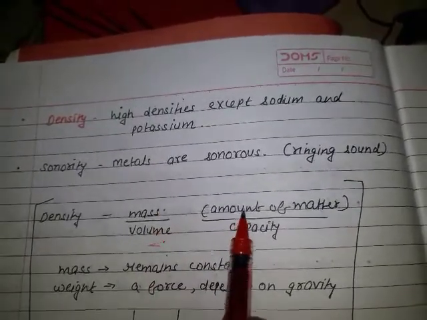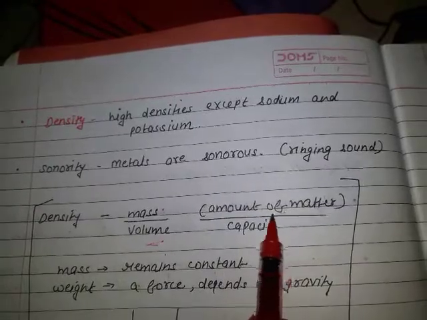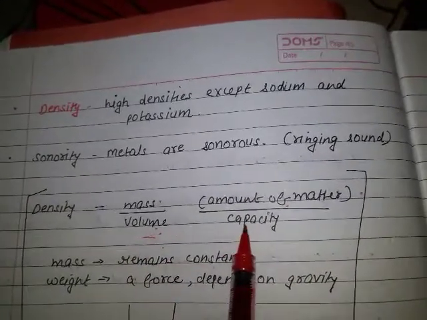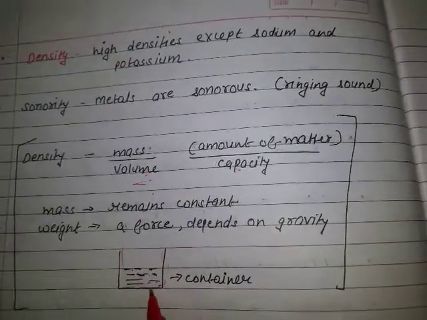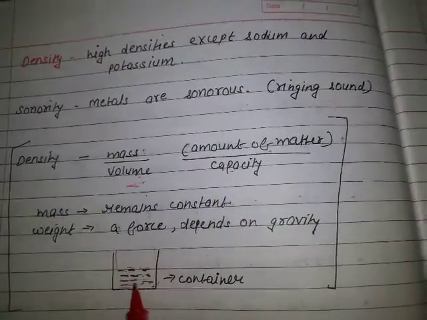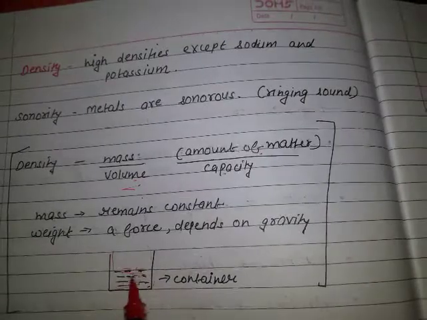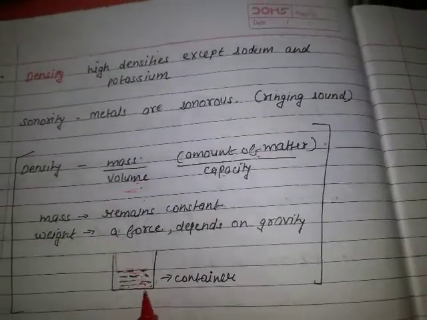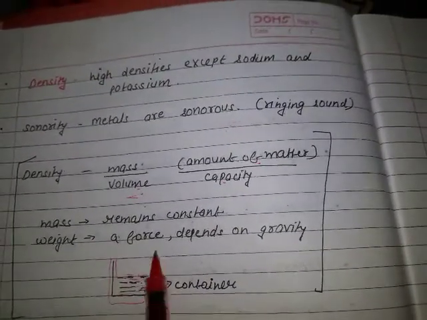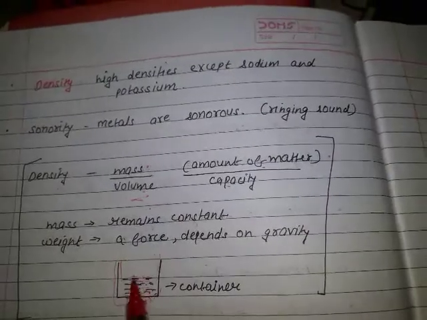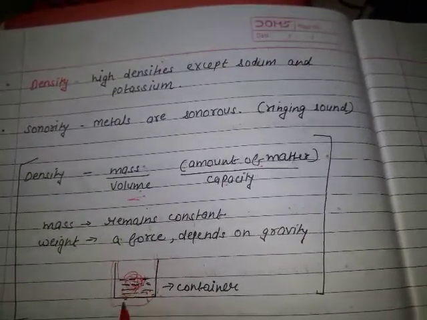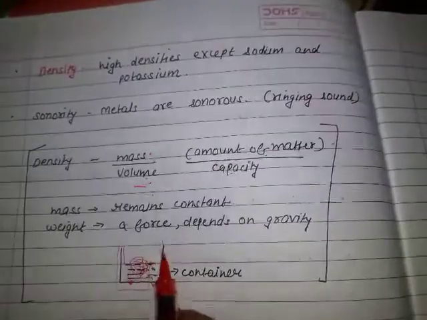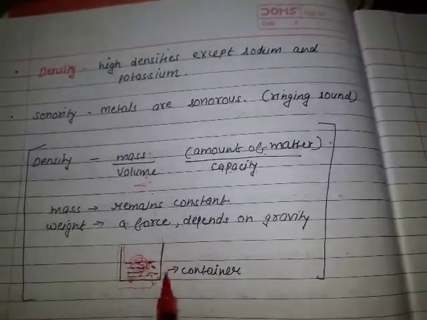Mass is the amount of the matter and volume is the capacity. Suppose this is a container and this is any substance which is present over here. What is the capacity of this container? How much it can hold?